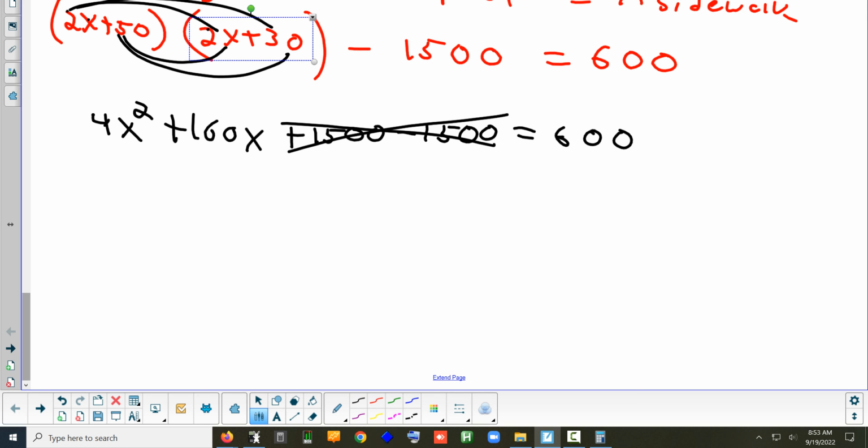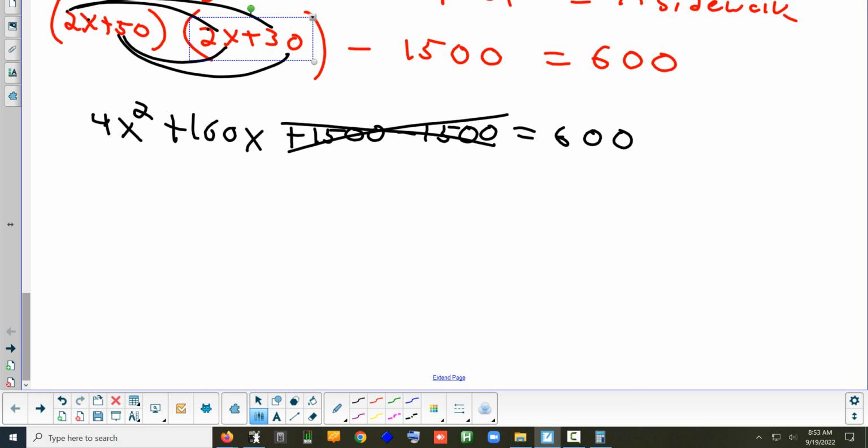And now we have what's called a quadratic equation. It's an equation where the highest exponent is a 2. Generally, when you want to solve a quadratic equation, does anybody remember what number you want it to equal? You don't want it to equal 600. Yep. 0.